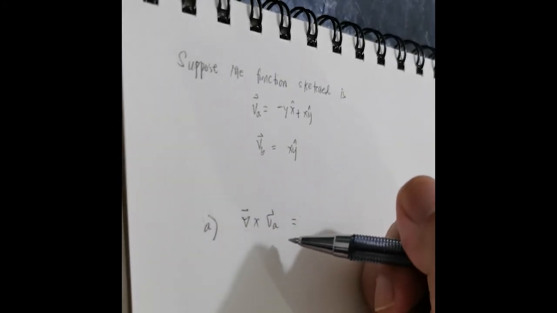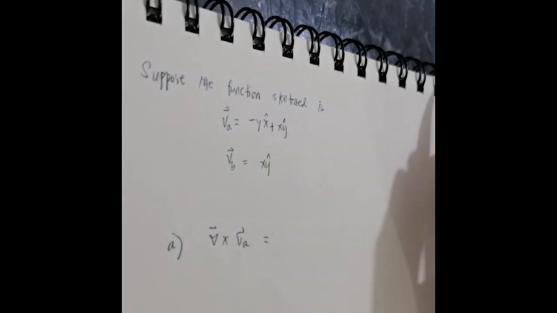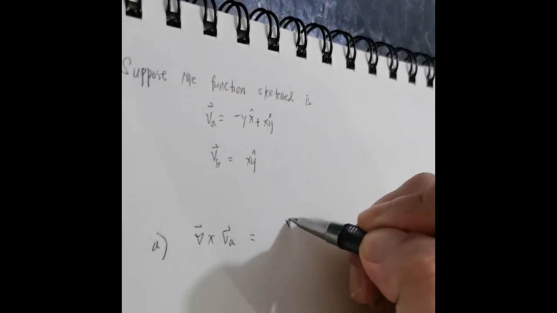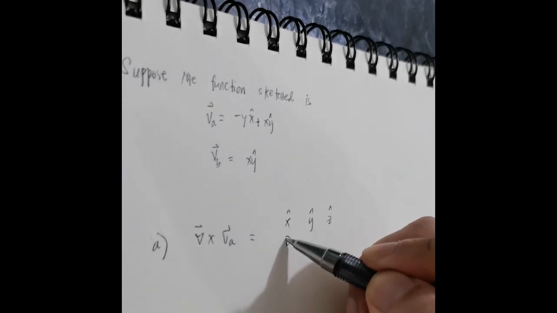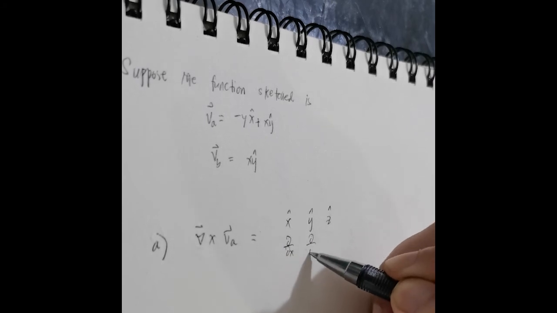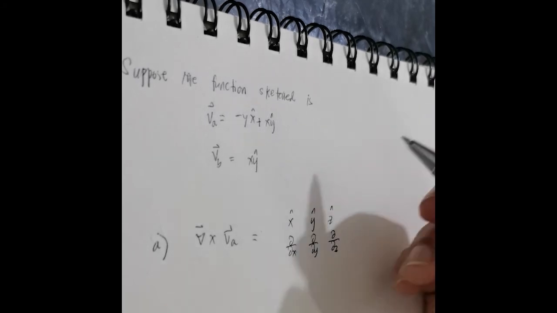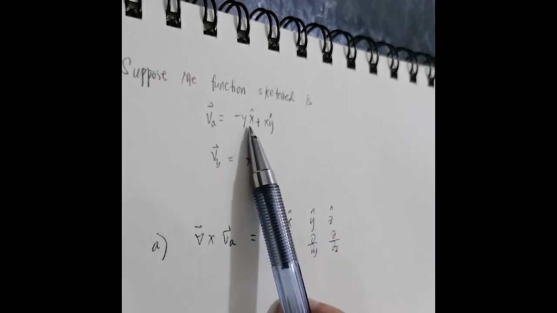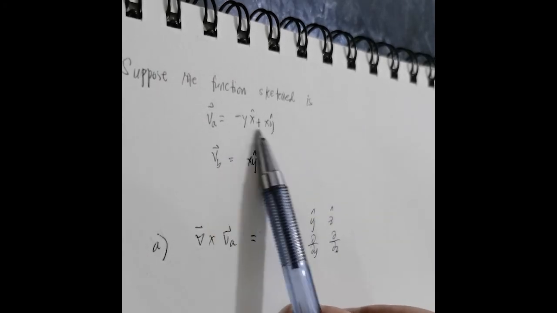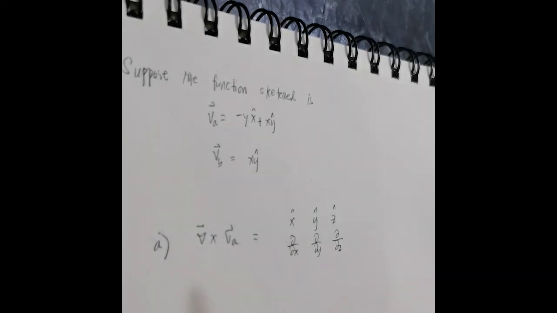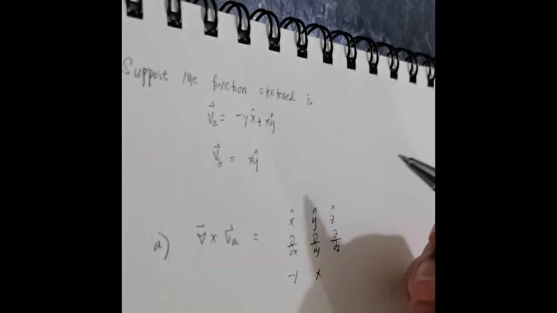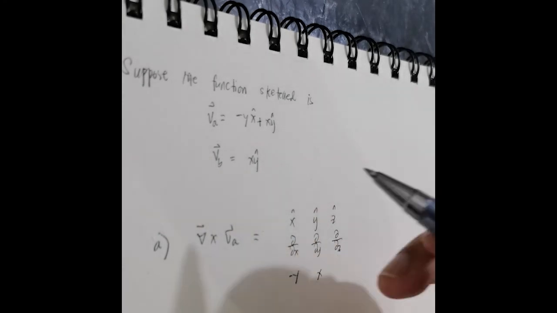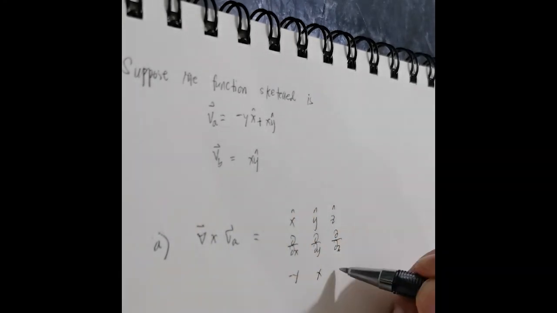Employing the basket method that I introduced a while ago, we have x hat, y hat, and z hat. Then this is partial x, partial y, partial z. And then VA has the following components: the x and y components. This is negative y, and then this is x, and it has zero component on the z.